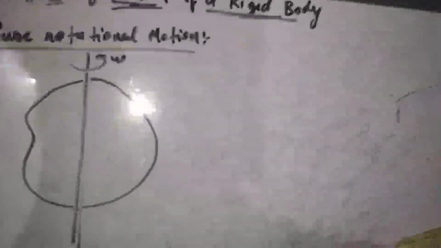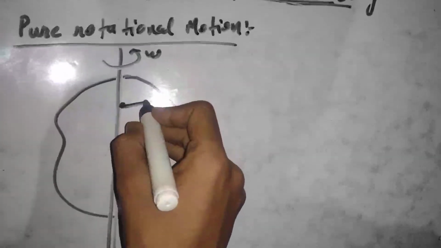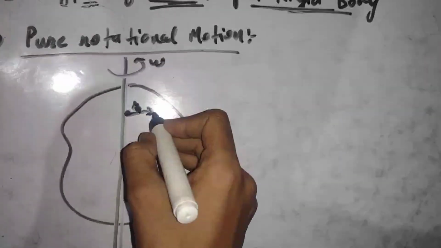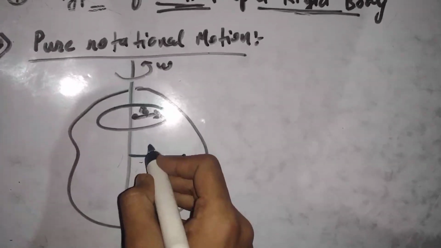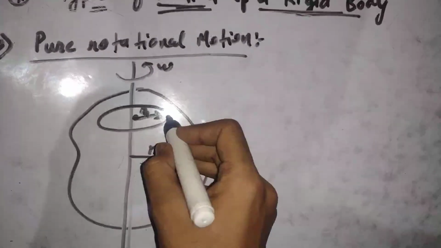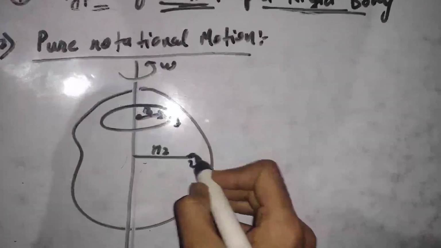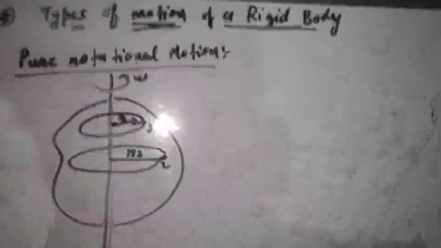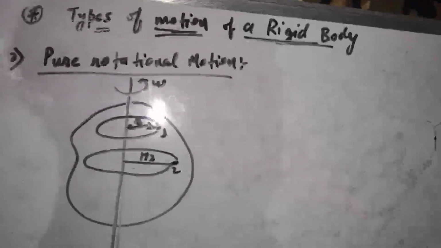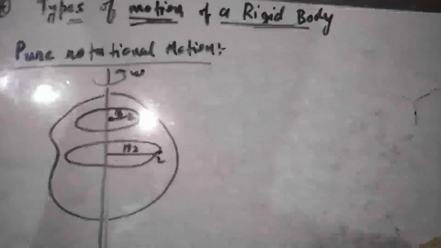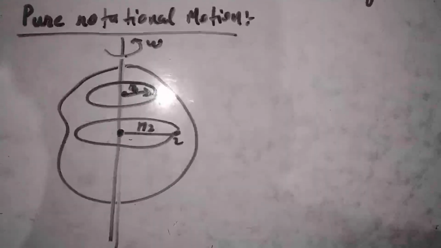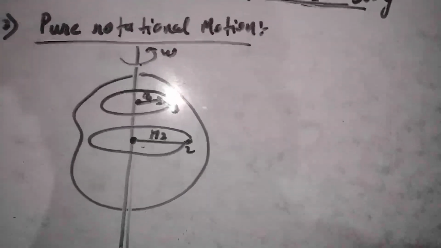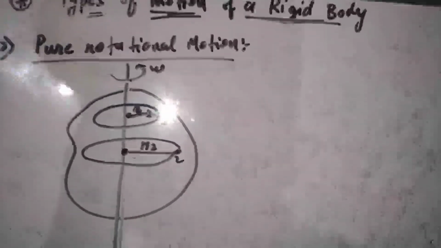Every particle will move in a circle. Let's say this is particle number 1, which will move in a circle of radius r1. This is particle number 2, which moves in a circle of radius r2. Every point on the body moves in a circle whose center lies on the axis, and every point moves through the same angle during an interval of time.